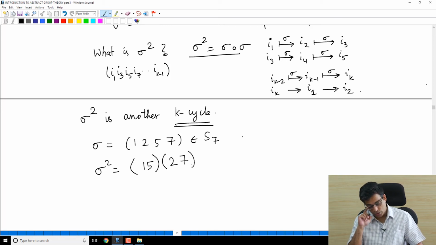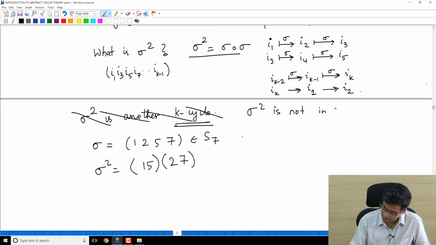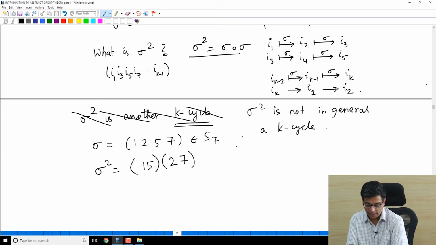So actually, as you can see in this example, what I wrote here is just wrong. Sigma squared is not in general a k-cycle, as this example shows. I should not have written that. Sigma squared is not in general a k-cycle, because maybe not all indices are covered there.